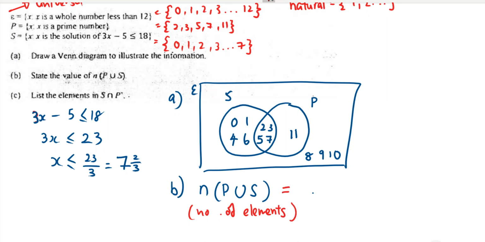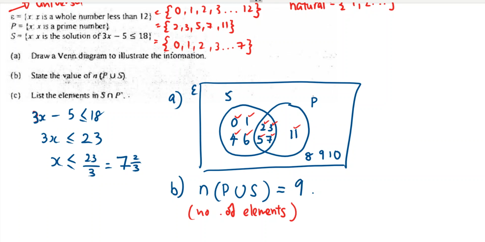If you have learned probability, union and OR are the same. So it's either in P or S. It doesn't matter where, as long as you are inside P or inside S you can count them. So how many of them are there? 1, 2, 3, 4, 5, 6, 7, 8, 9. So the number of elements in P union S is 9.